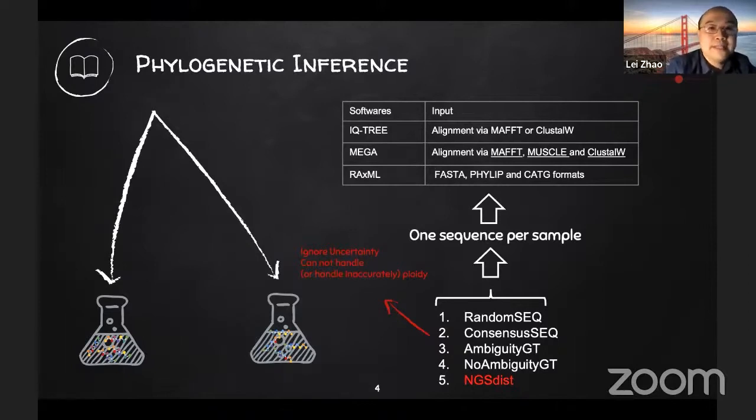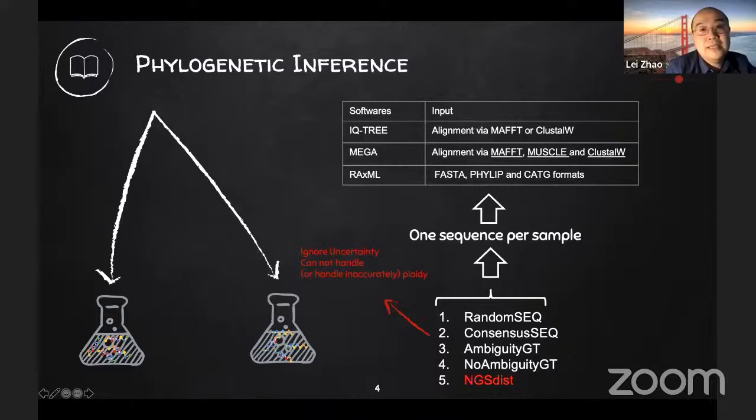So people started thinking about this, and they tried different kinds of methods, like measuring the uncertainty and incorporating that into phylogeny inference. One way, and the only way we know people use it, is this NGS-based method.